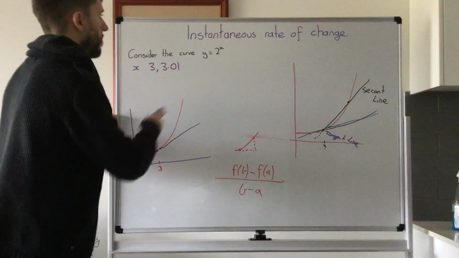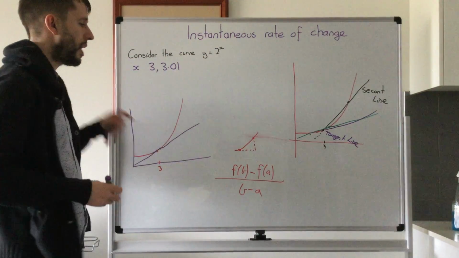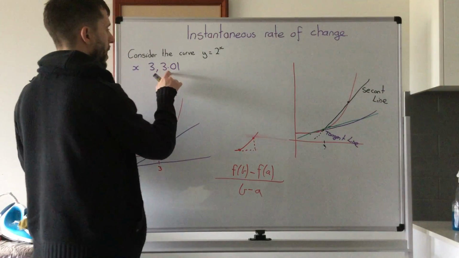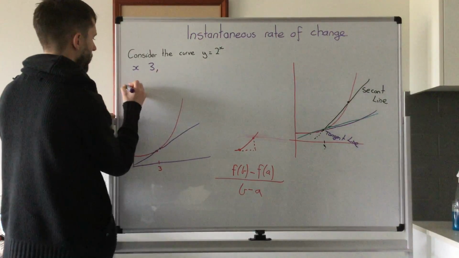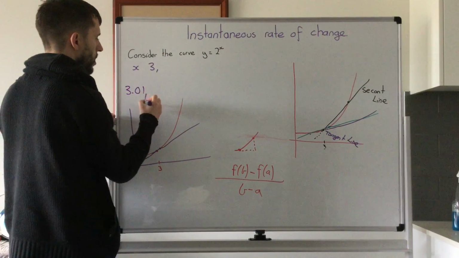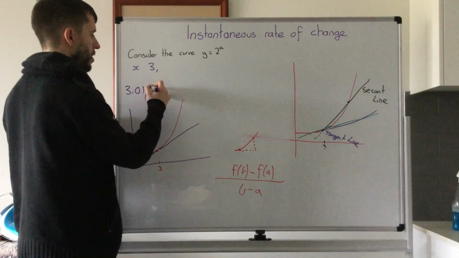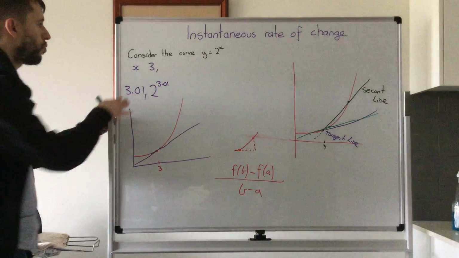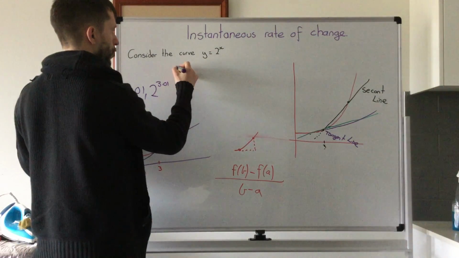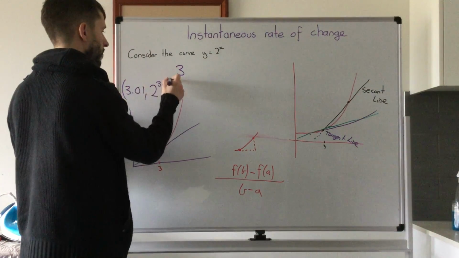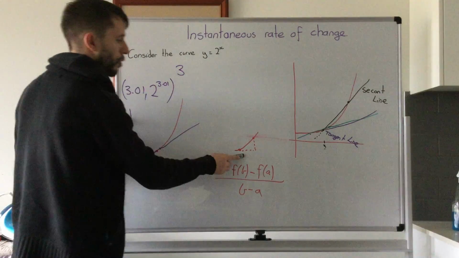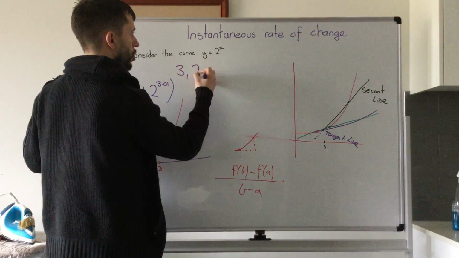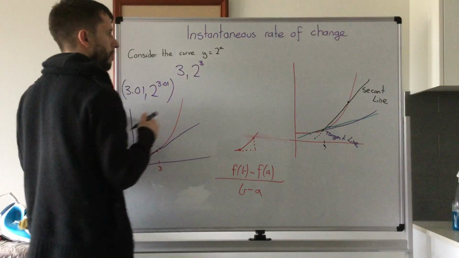I'm going to plug that into this equation. That just tells me that when I have an x value of 3.01, I'm going to have a y value of 2 to the power of 3.01. When I have an x value of 3, now I'm looking at a, the function would be 2 to the power of 3.